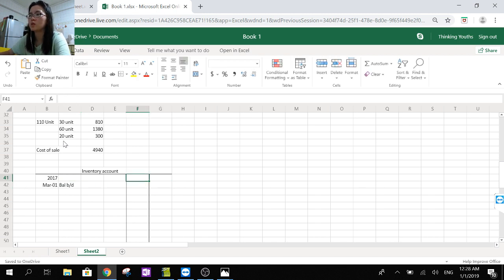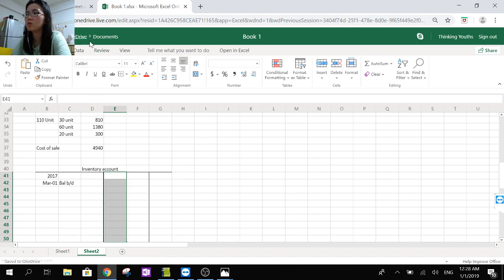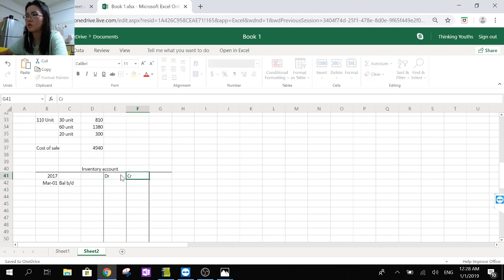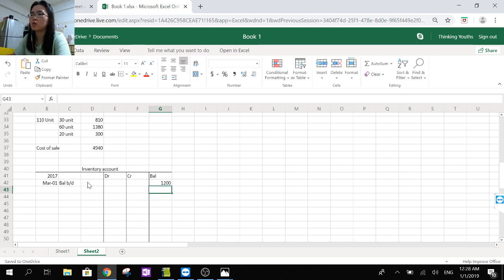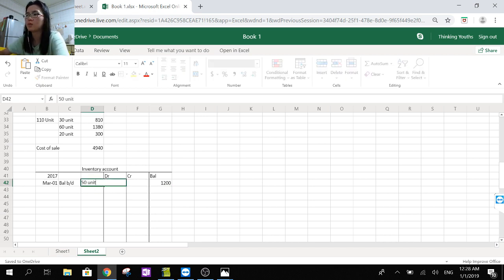Okay, so this is your three columns. This is debit, credit, and this is the balance. So the balance is 1,200. Usually I will take note here, this is 50 units.